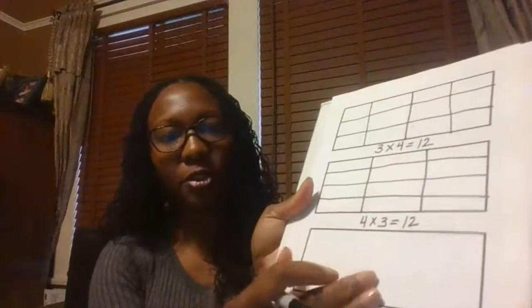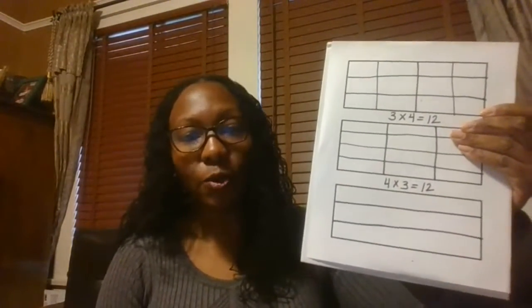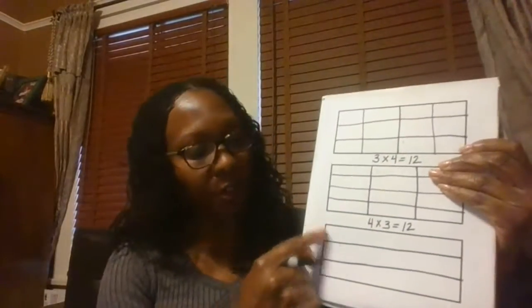So the easiest way to do this, I'm going to go ahead and partition my rectangle into thirds. So it's partitioned into thirds. Then I'll try it again by partitioning it into 6.